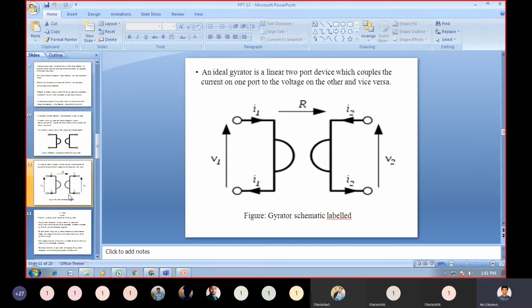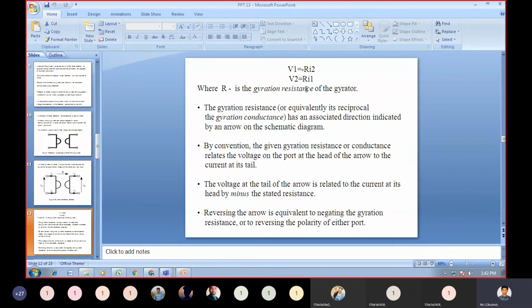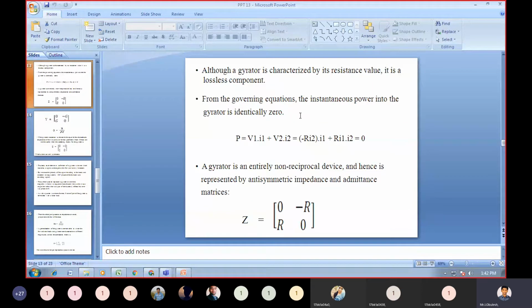You know V1 equals minus R I2 and V2 equals R I1. Substitute those two values here. What is the answer? It equals 0, so an ideal gyrator has identically zero power.